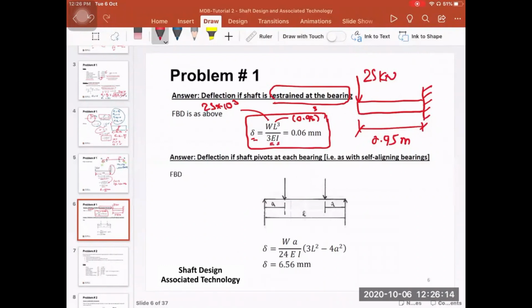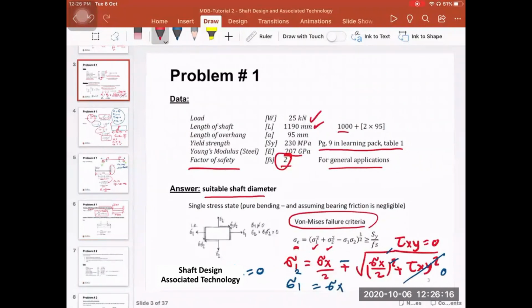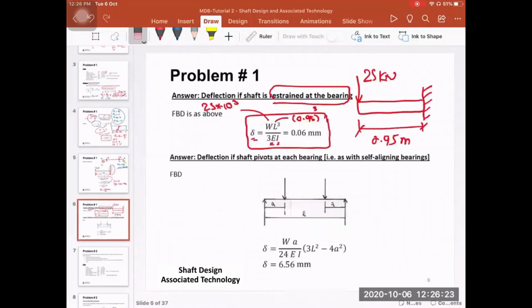So the elastic modulus, if I go back here, you see the elastic modulus is 207 gigapascal. But you just need to work out the dimensions as well. If you're using everything in Newton meter, so this has to be in Pascal, so you just need to multiply by 10 to the power 9.